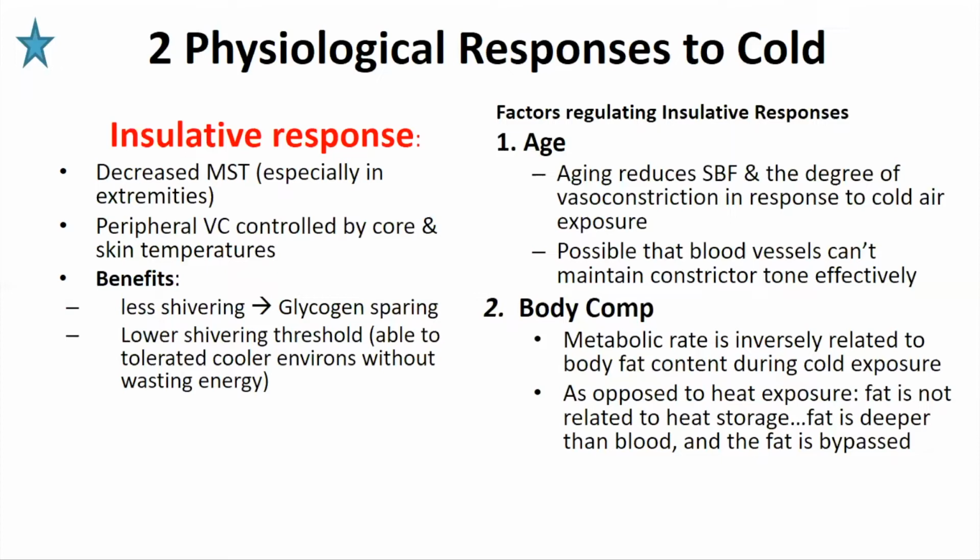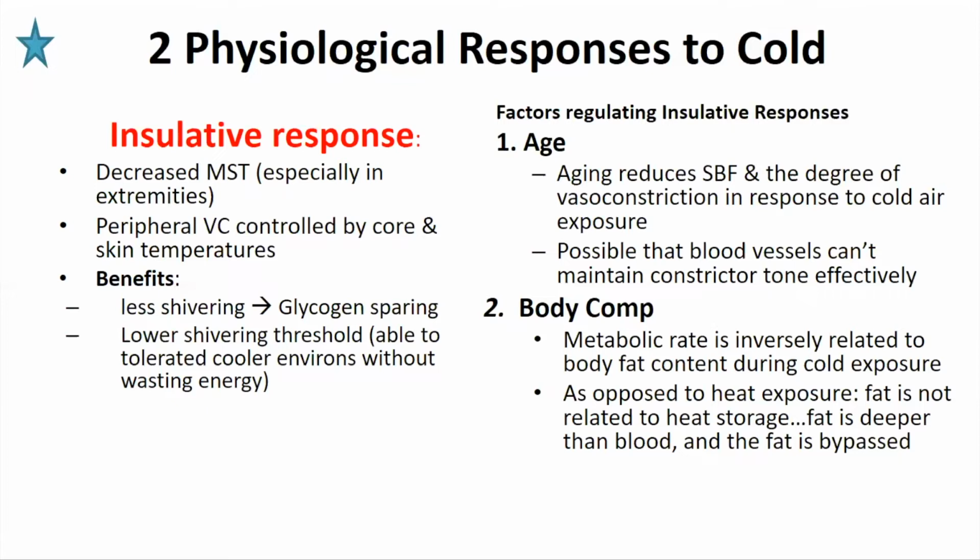So aging reduces skin blood flow, and it also affects our ability to vasoconstrict. So if you've ever noticed your grandparents are either always too hot or too cold, it's because they don't have the great ability as they used to have when they were younger to vasoconstrict or vasodilate when they're hot.